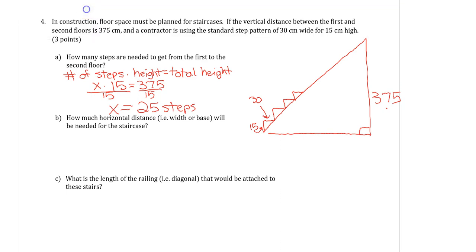Next question, how much horizontal distance will be needed for the staircase? So same thing, number of steps times the horizontal, or we're just going to call it the width of each step, will equal the total width. So now I know I have 25 steps, and I know the width is 30.